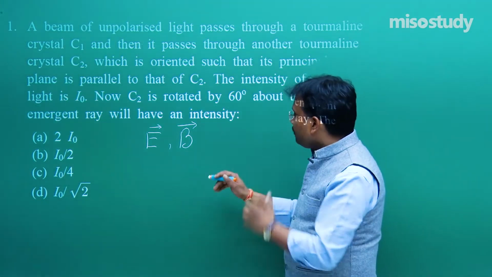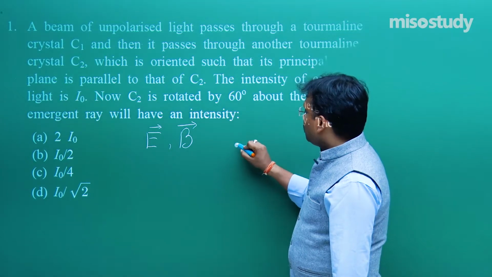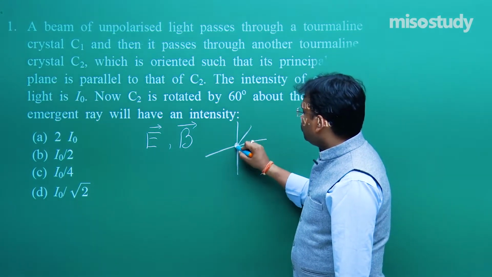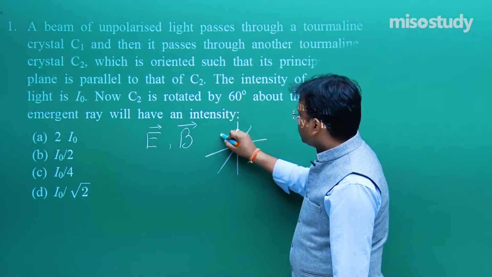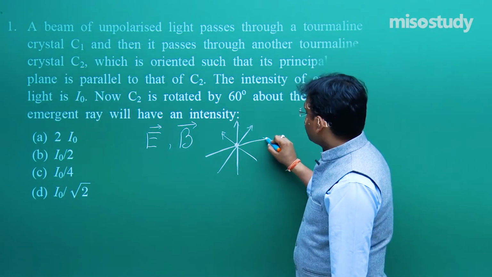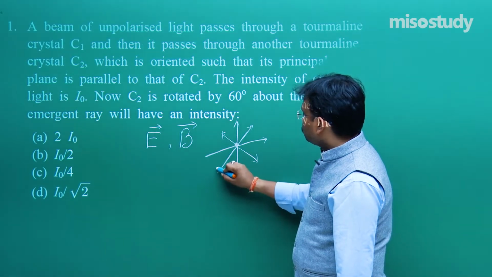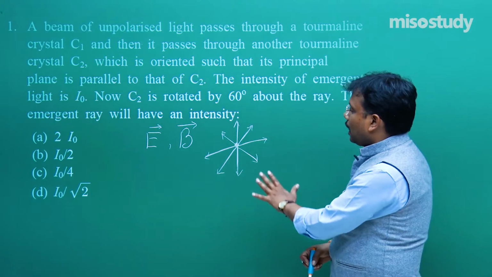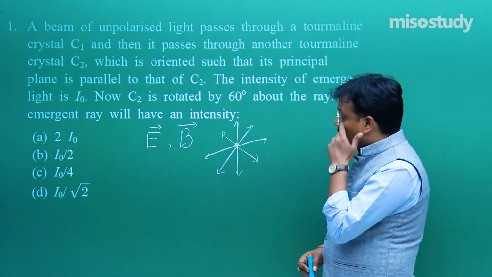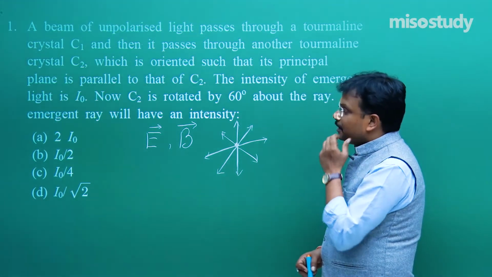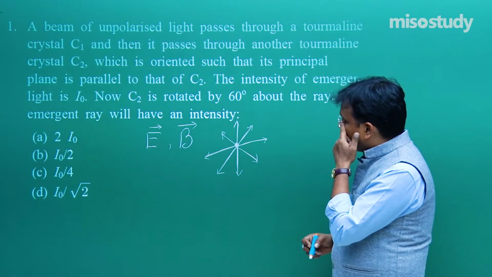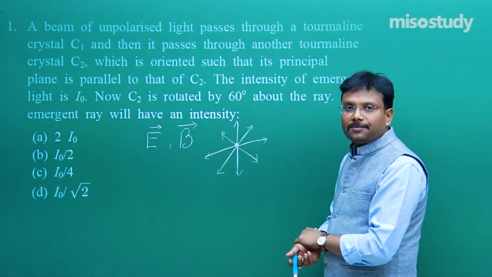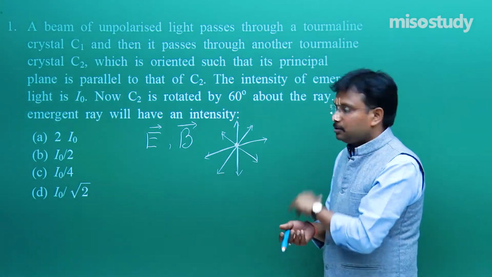So unpolarized light means the electric vector is oscillating in all possible directions. When we force this light to pass through a tourmaline crystal, it will allow only one type of these electric vectors to pass, and the remaining are shut out.